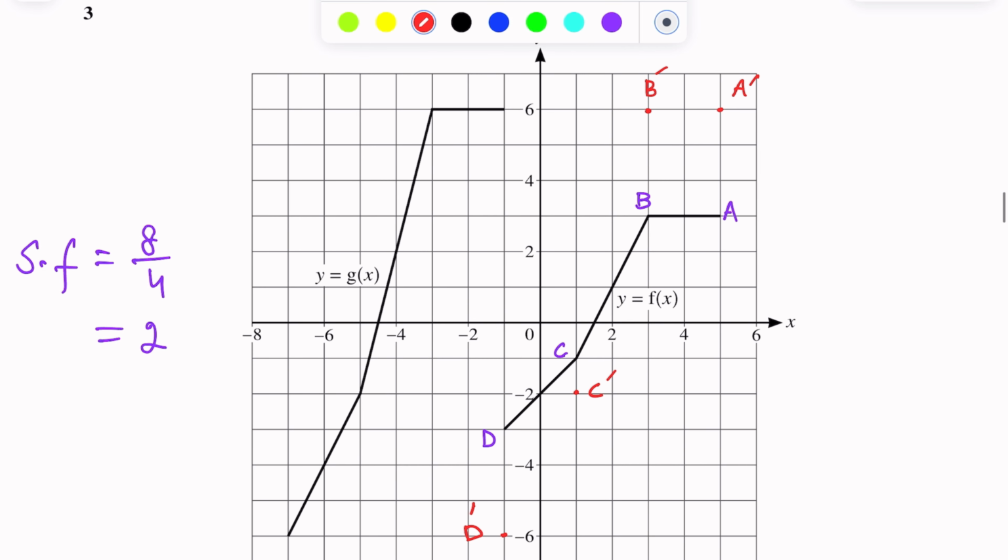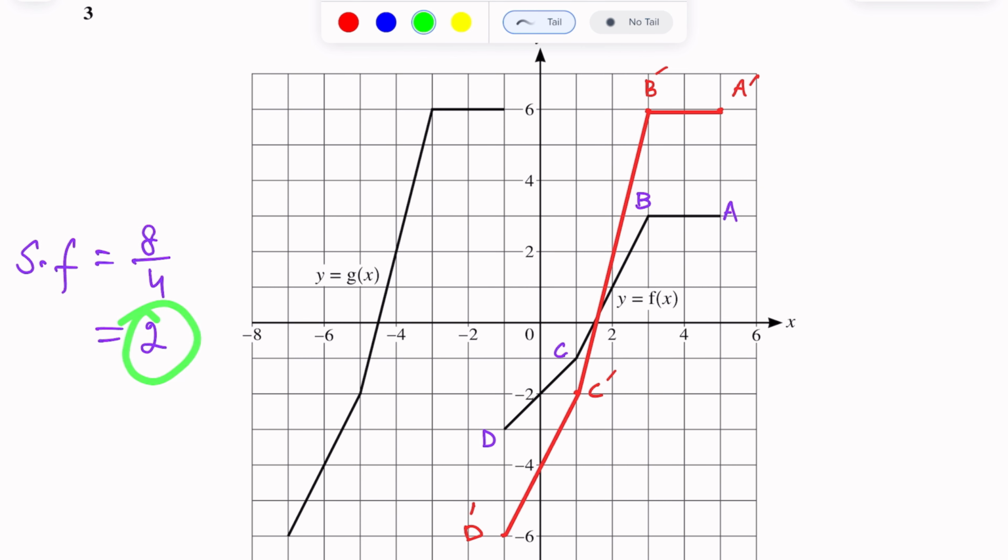So if we join these points, ABCD is mapped onto A dash B dash C dash D dash. It is a stretch of ABCD along y-axis with stretch factor 2.